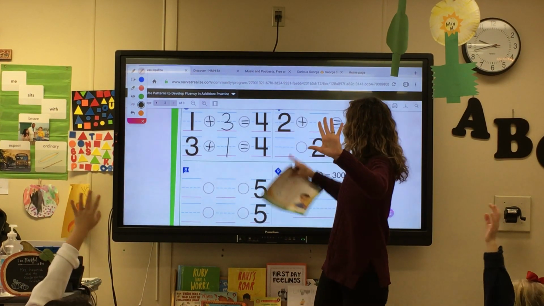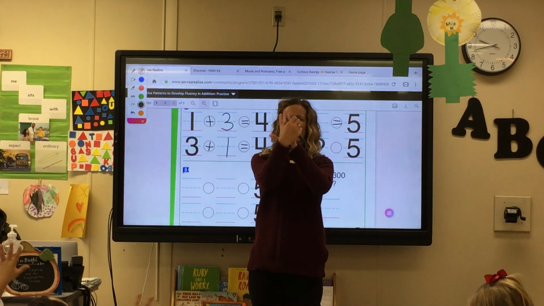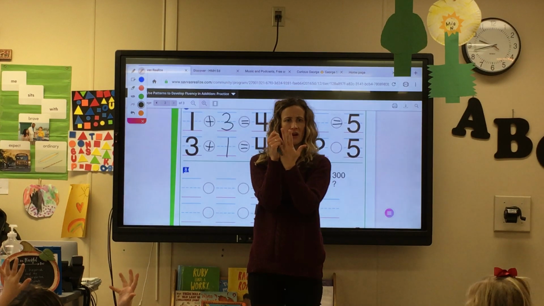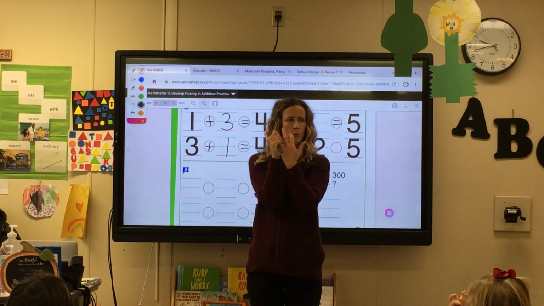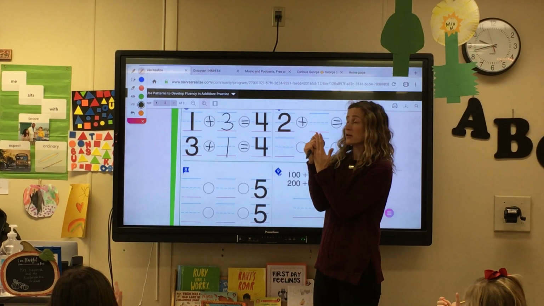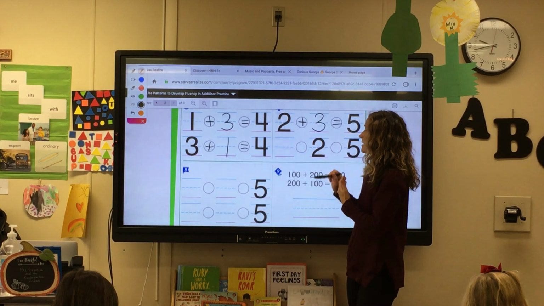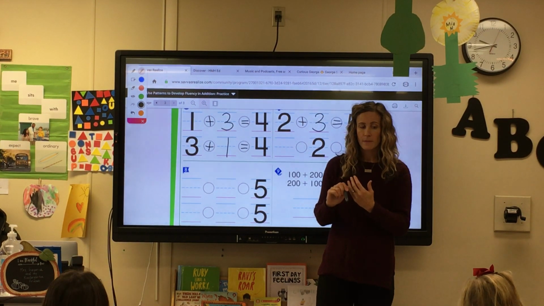How many did they already tell us we already have? 2. We have 2. Okay, so cover up 2 fingers. Grab those 2 fingers. How many more do you have there, everyone? 3. That's my other part. So 2 plus 3 equals 5.